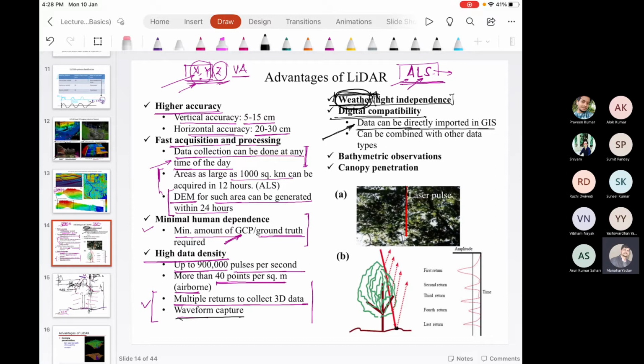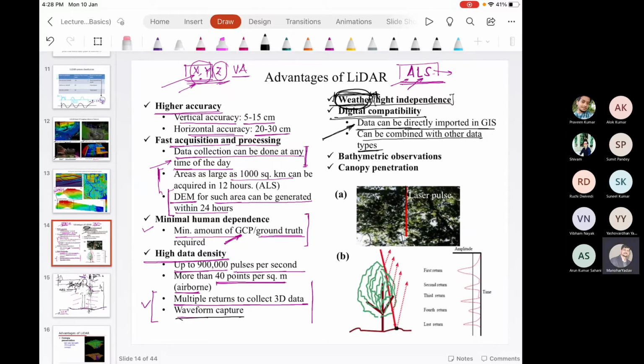There is no need to transform that point coordinate because it is already in the global coordinate system. So this point cloud coordinate collected by the LiDAR can be directly combined with other data types. You can combine it with imagery, because in the imagery the XY coordinate of a pixel is given in the global coordinate system.